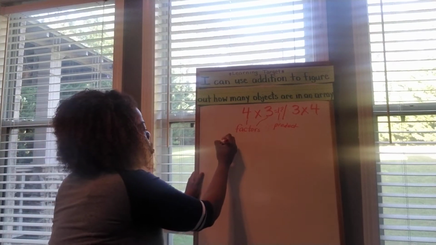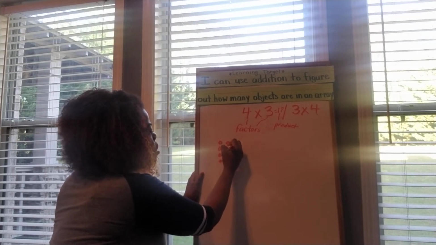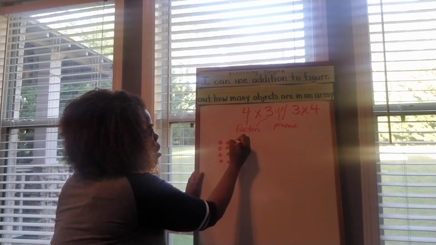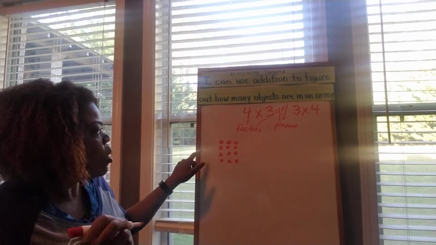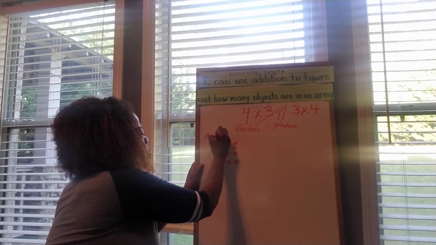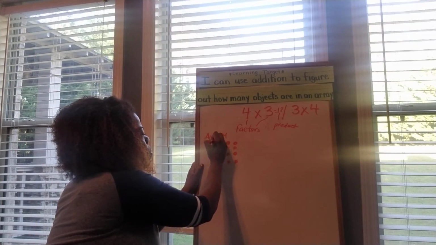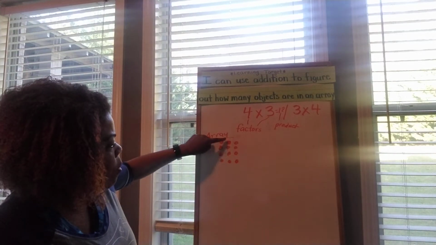So here we go. 1, 2, 3, 4. 1, 2, 3, 4. 1, 2, 3, 4. Okay? So there's our array. We've got 4, 4, 4.